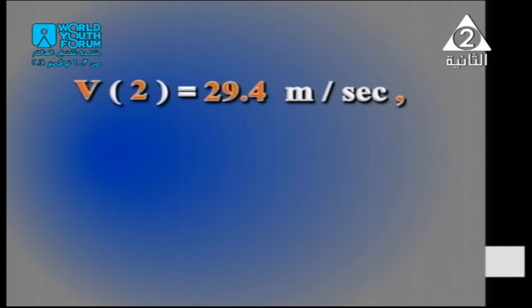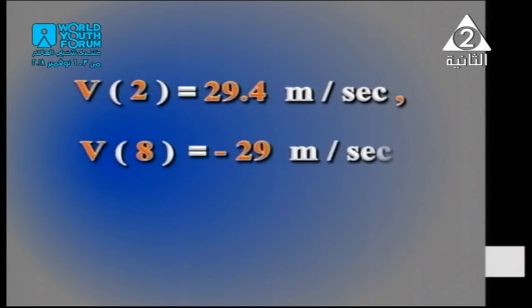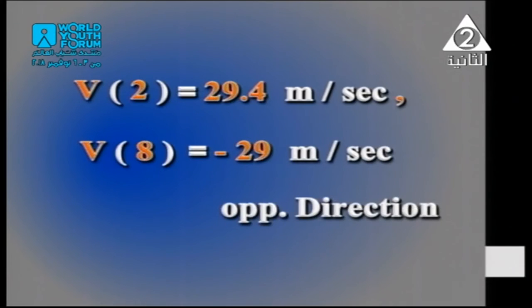Find the velocity after 2 seconds, equals 29.4 meters per second. The stone moves with velocity 29.4 meters per second when t equals what? T equals 2. Also, when t equals 8, by substitution, velocity equals negative 29.4 meters per second.